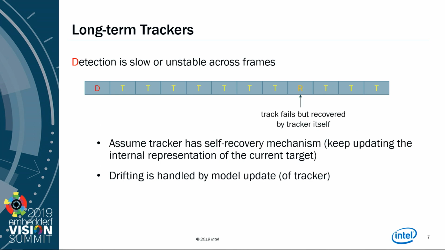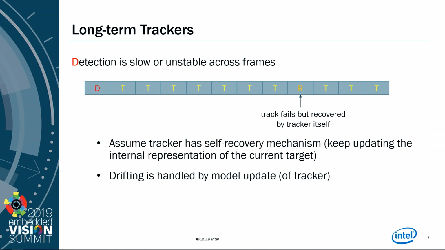And the next and the more interesting tracking is long-term tracking. In this case, we assume that the detection is slow or unstable across frames, and we also have some auto-recovery mechanism from the trackers.